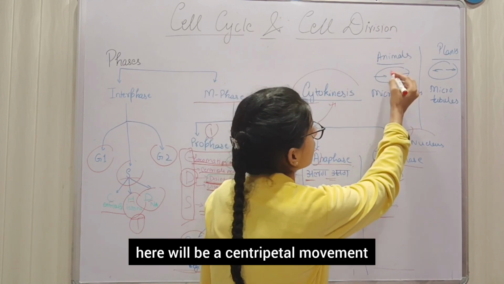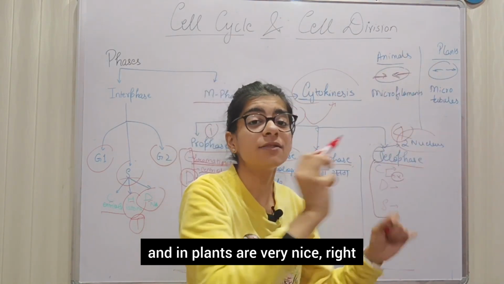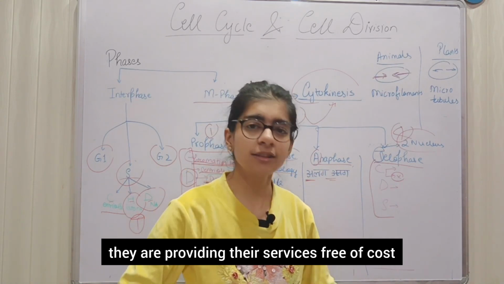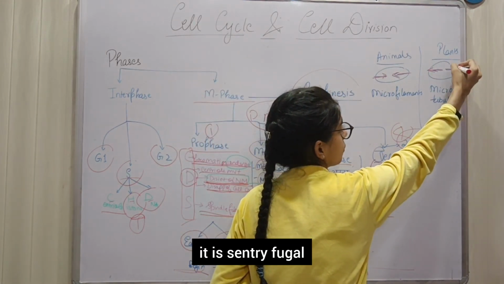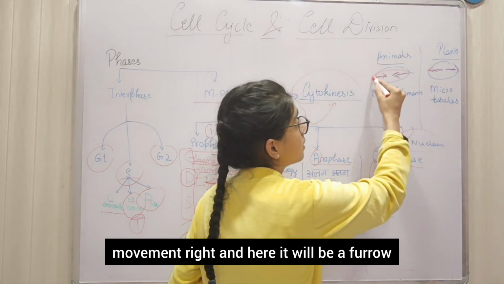So here will be a centripetal movement. And plants are very nice, right? They are giving everything to the environment. They are providing their services free of cost. So it is centrifugal movement, right? And here it will be a furrow.